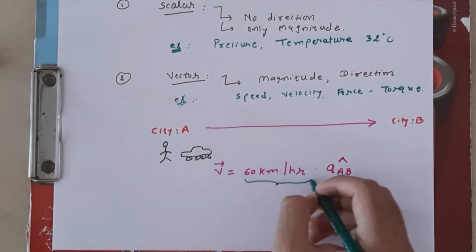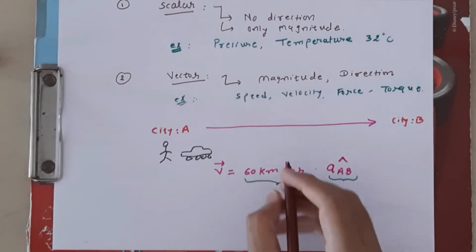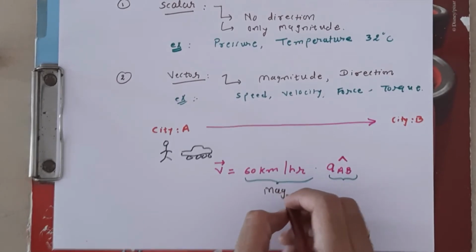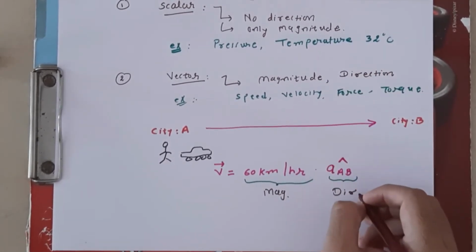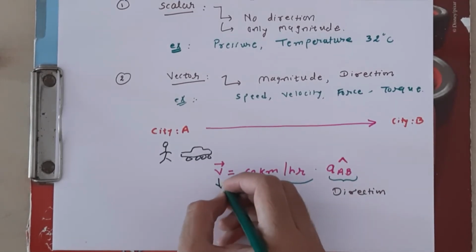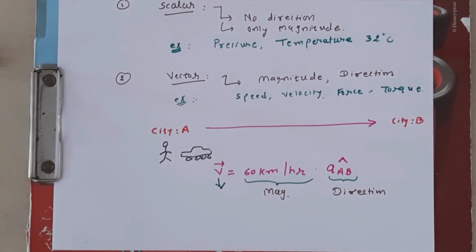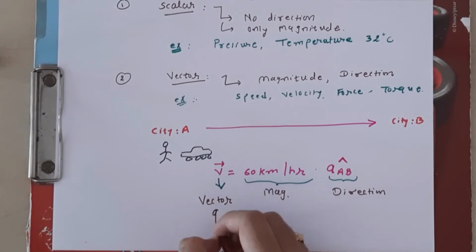The first is nothing but my magnitude, and the second indicates the direction. So V is known as a vector quantity.